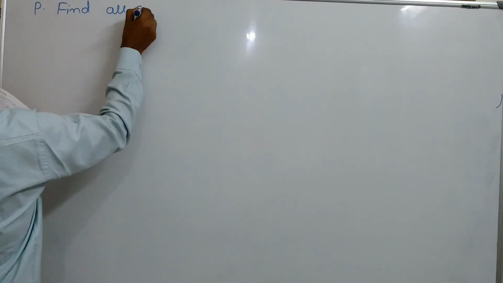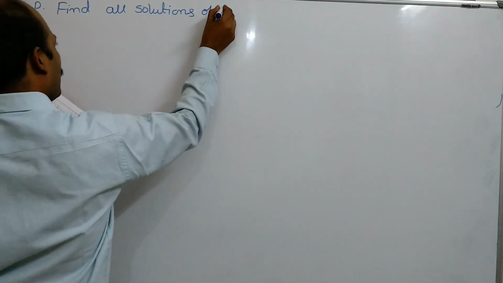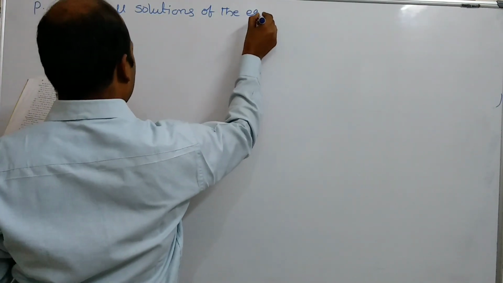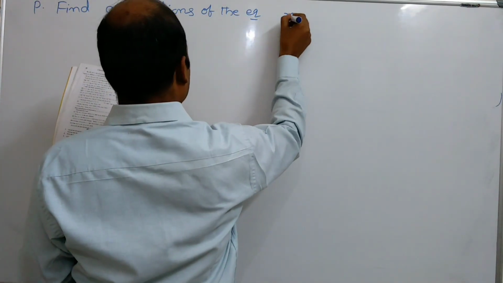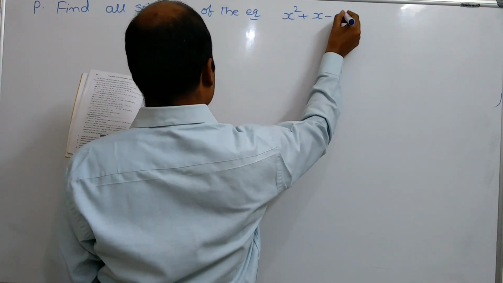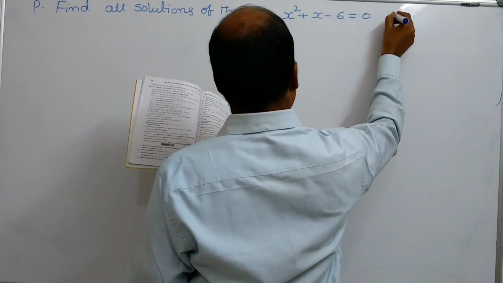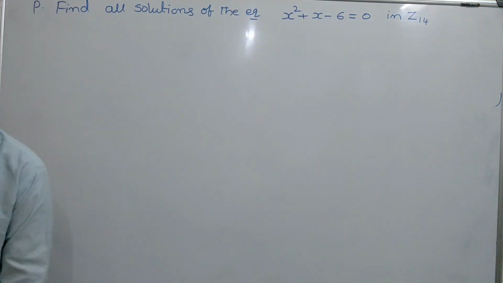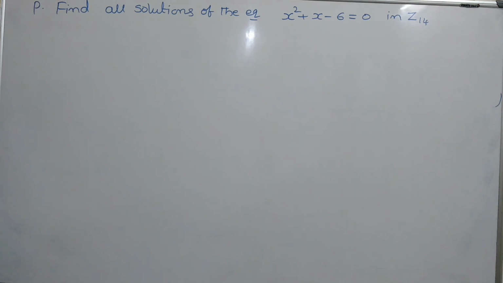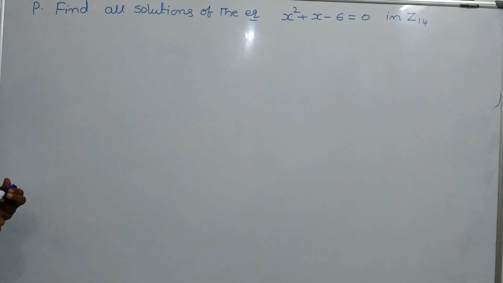Find all solutions of the equation x square plus x minus 6 is equal to 0 in Z14.